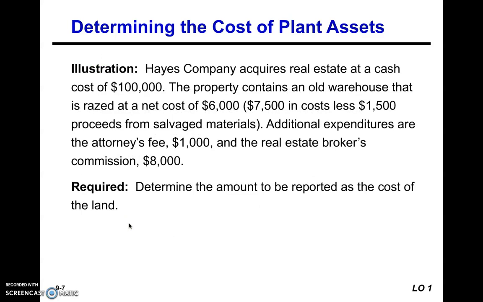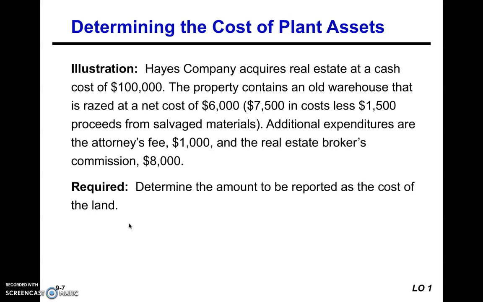Let's say Hayes Company acquires real estate, a land, at a cash cost of $100,000. And the property has an old warehouse on it, and the intention of the company is to get rid of it and build a new building or a warehouse. Now, the cost of getting rid of that old building is $6,000.